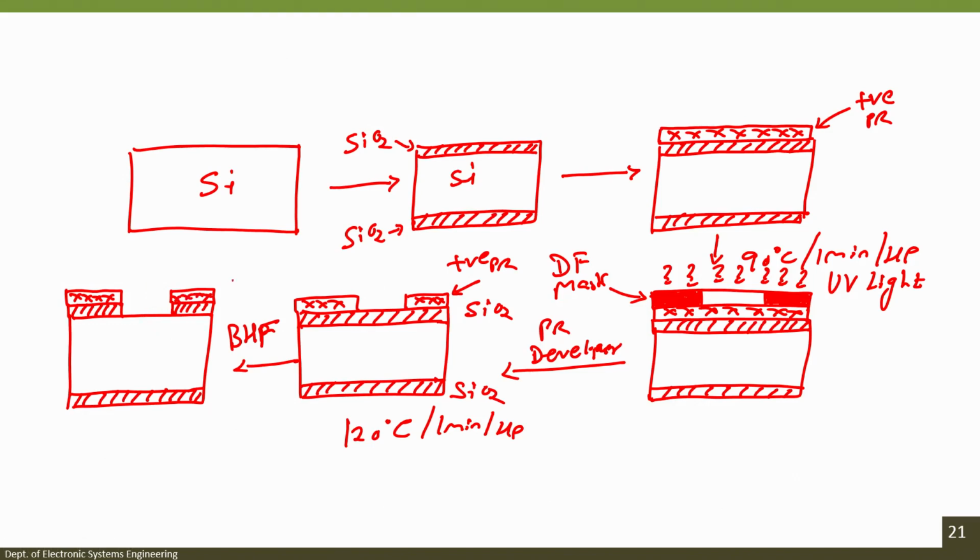So, if the oxide is etched, this is your positive photoresist, this is your silicon dioxide, right. Now, if you dip this wafer in acetone, what will happen? The photoresist gets stripped off. So, you will have this particular pattern, right.